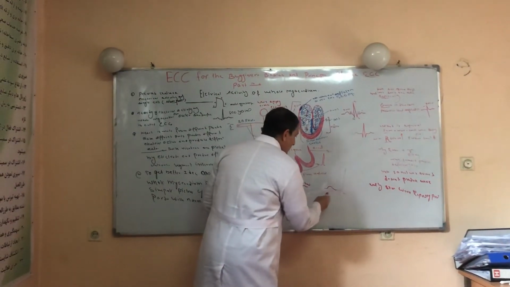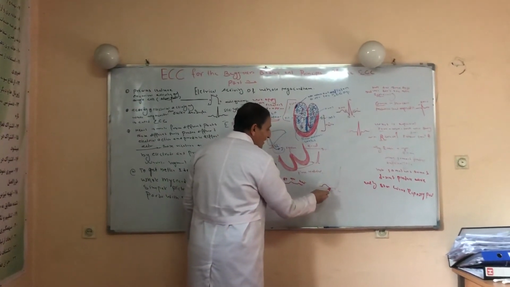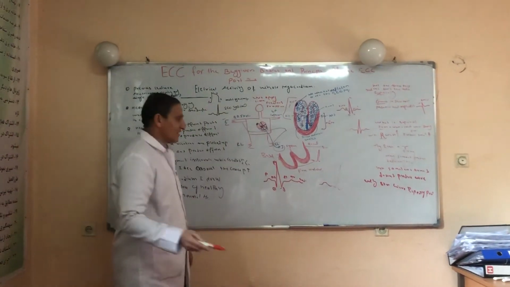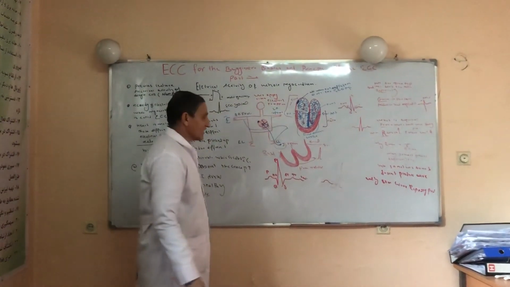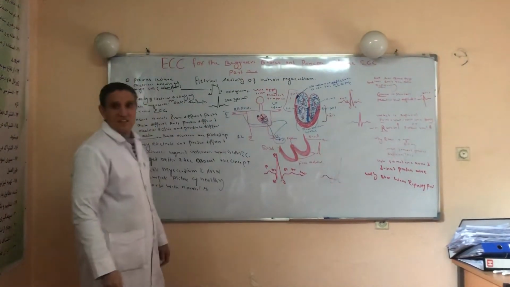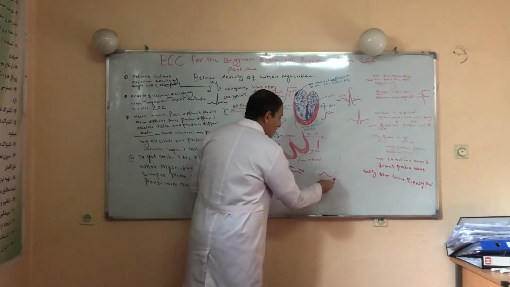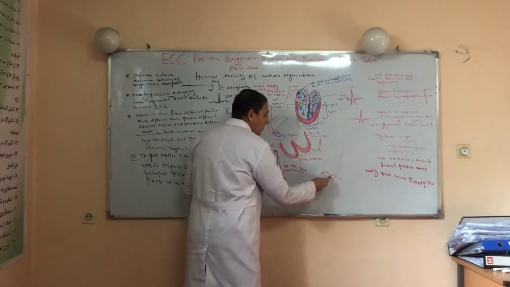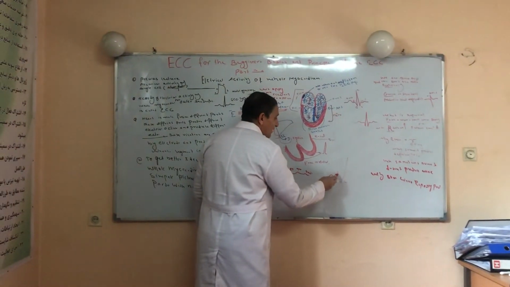After the atrial repolarization, we see a straight line, which is called the PR segment. This PR segment represents AV nodal conduction.